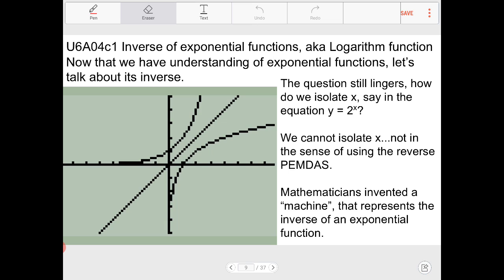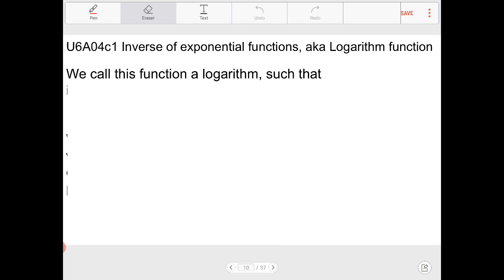So this machine, mathematicians are calling logarithms, such that this machine is going to do this. If y is equal to 2 to the x, then, in order for us to reverse the input and output, they're going to call log base 2 of y is equal to x.